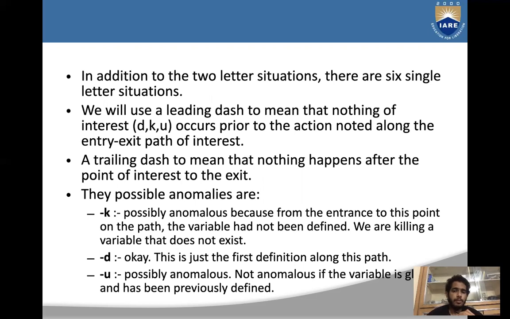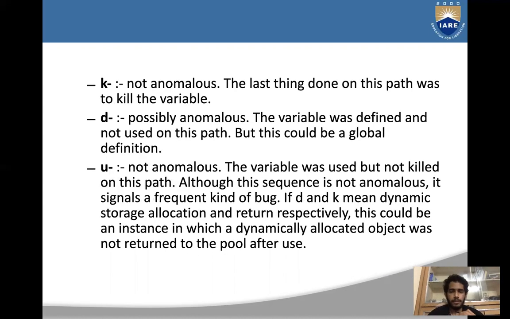The possible anomalies: -K is possibly anomalous because on entrance to this point on the path the variable has not been defined. We are killing a variable that does not exist. -D, okay, this is just the first definition along this path. -U, possibly anomalous if the variable is not defined and has been previously defined.